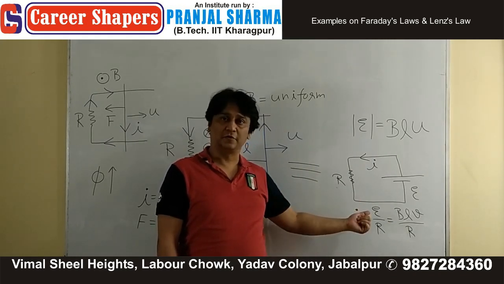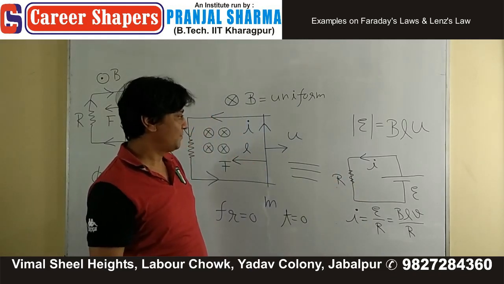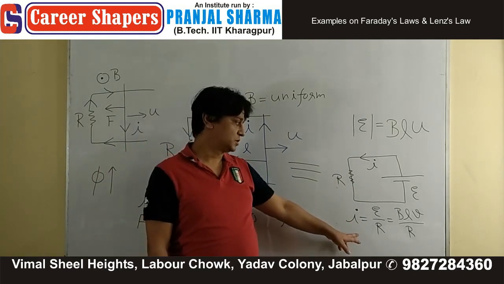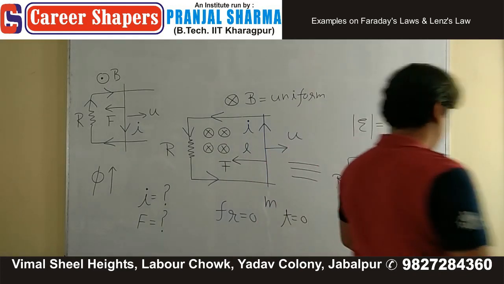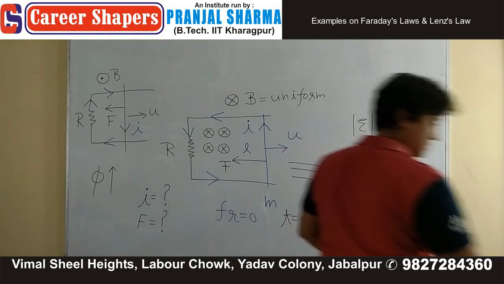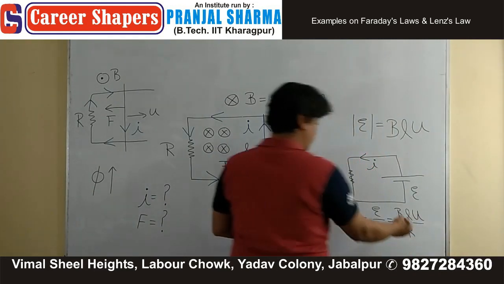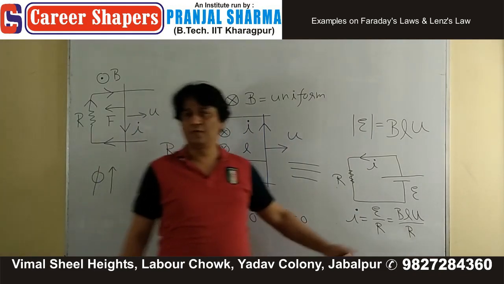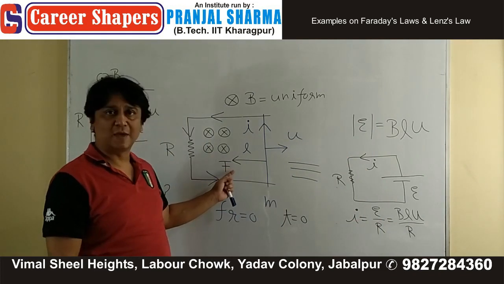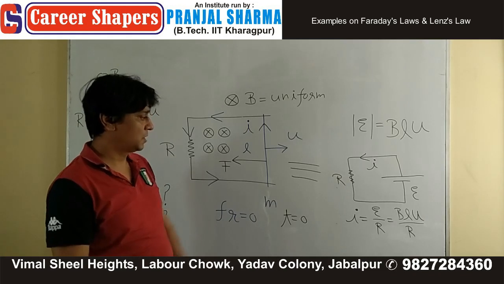Such a simple thing. If you find it difficult, then you will have to follow what I am saying. So now I've got the current which is coming: BL and velocity is U, divided by R. Now find me force which is acting on the rod. Get me the magnitude of force and write down this in the comment box.